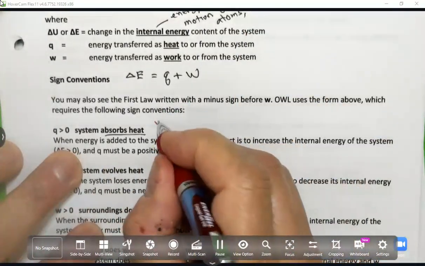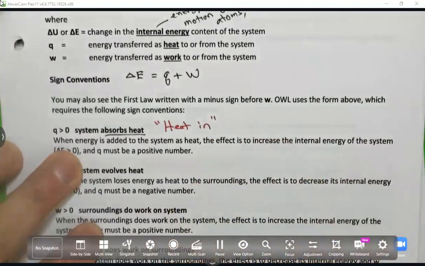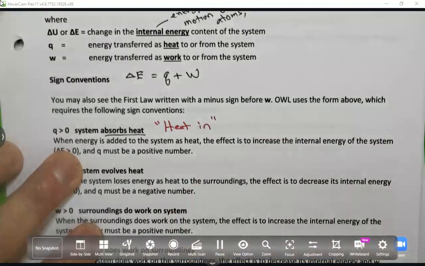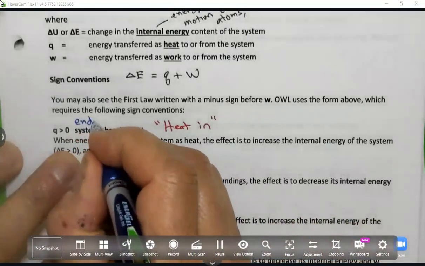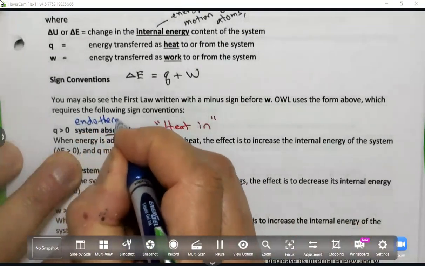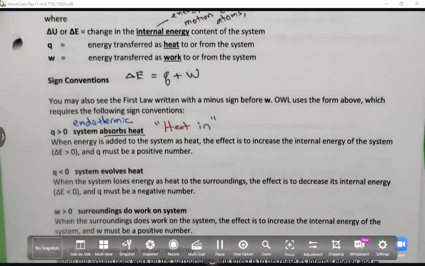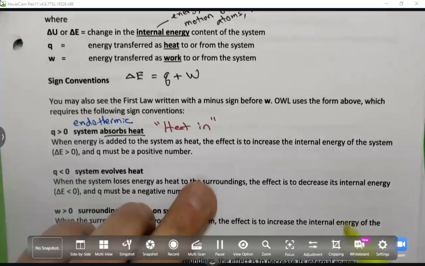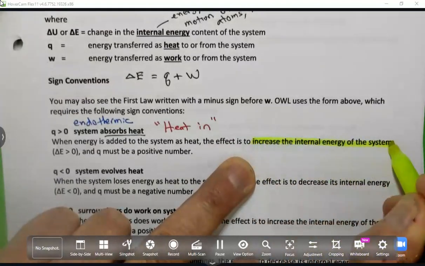Think of this as heat in. This is endothermic. There is an increase in internal energy of the system.